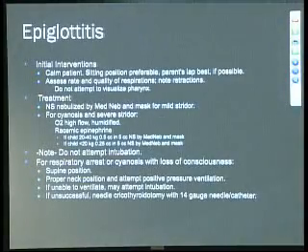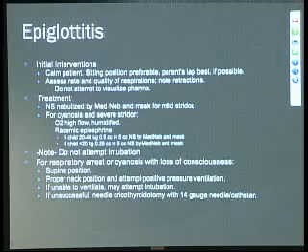So if you have concern for epiglottitis, again, do everything you can to calm the patient, assessing the rate and quality of the respirations, and doing everything you can not to manipulate or try to visualize the pharynx. The pre-hospital treatment is the same as for croup.